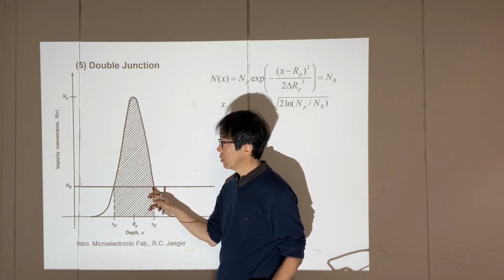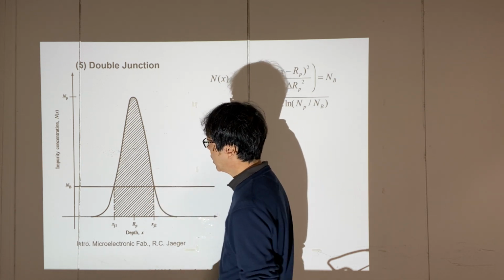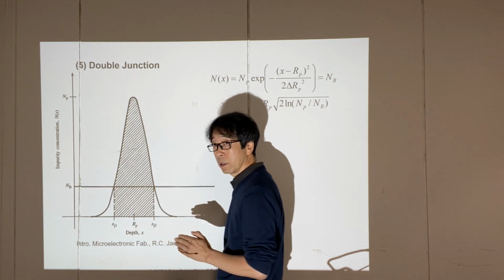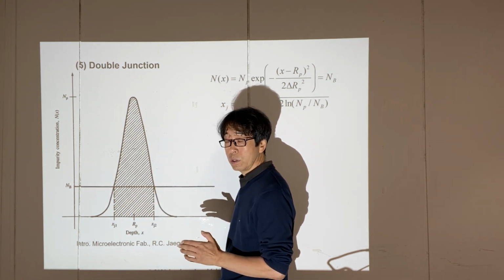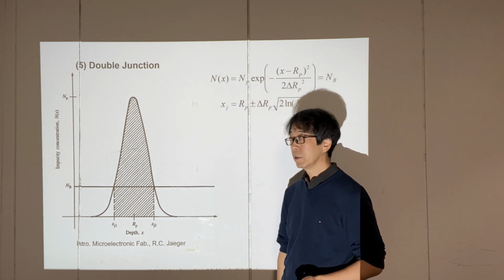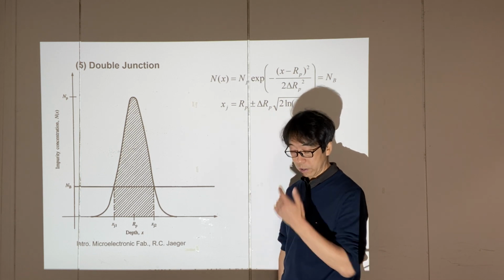Okay, so really what you have here is an NPN junction. What do you have if you have an NPN junction? Well, a transistor, right? So we call this double junction.